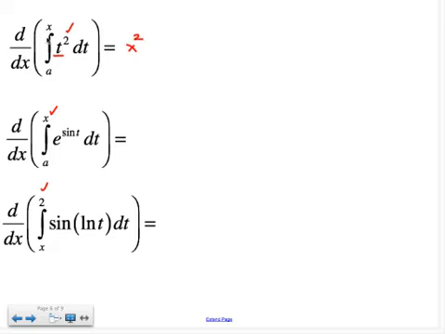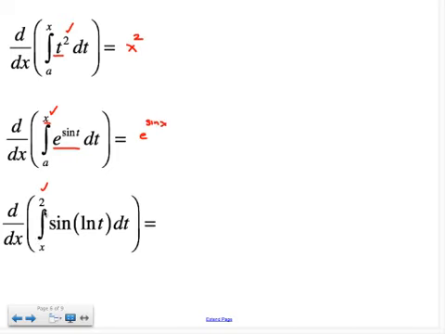The derivative and the integral sign wipe each other out, but I must be in the same variable that I'm taking the derivative of, which is x. Second example, the derivative of the integral from a to x of e to the sine t dt is equal to the integrand as a function of the upper limit. So it's going to become e to the sine x.